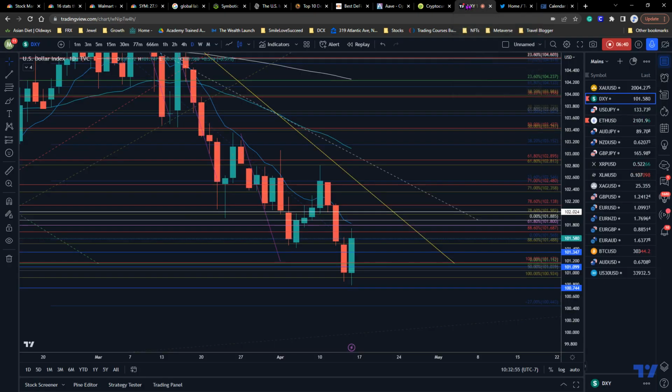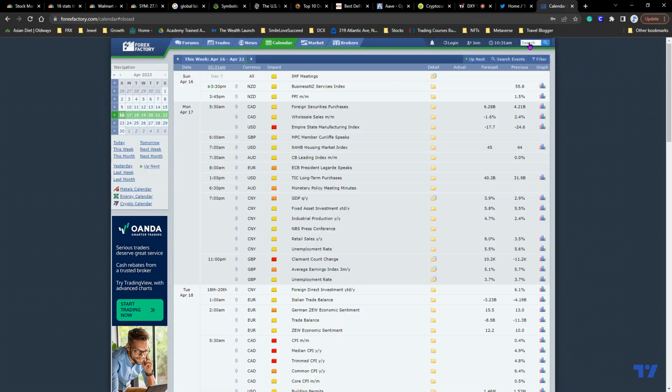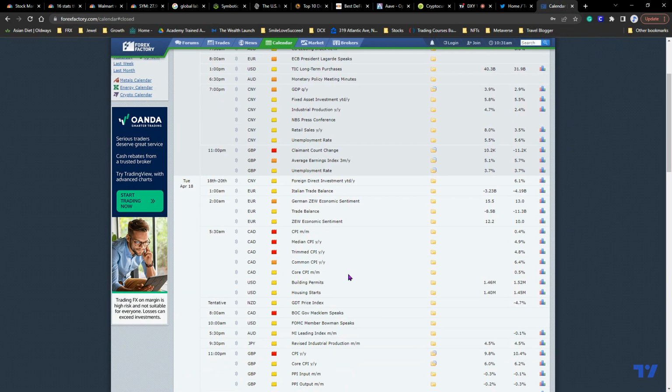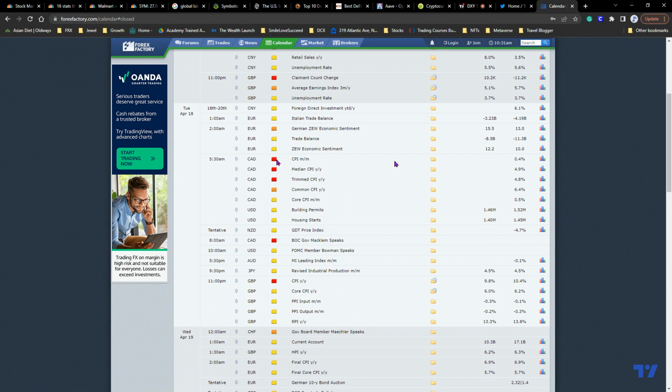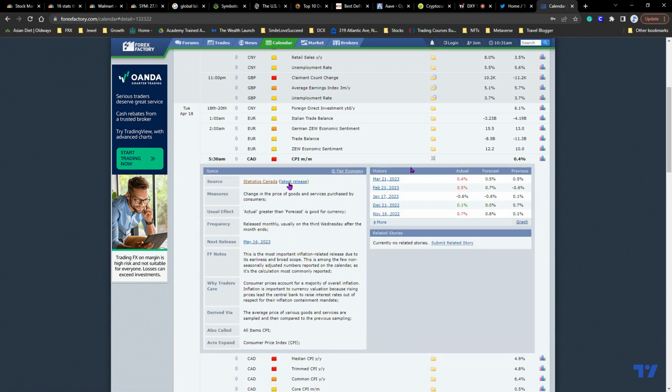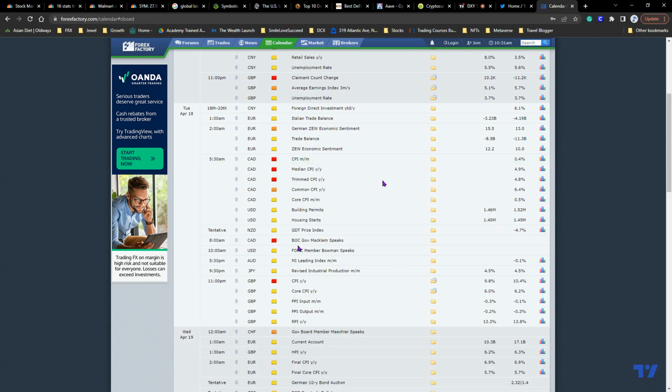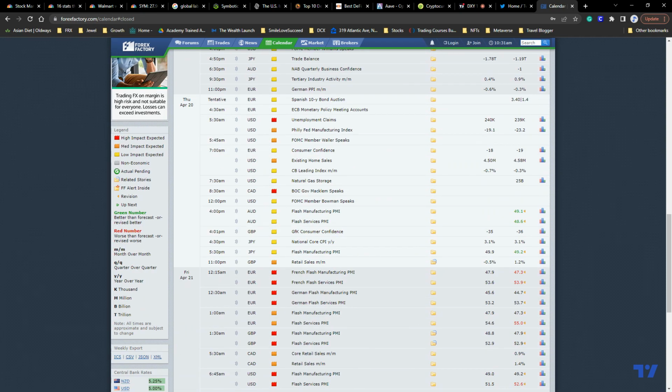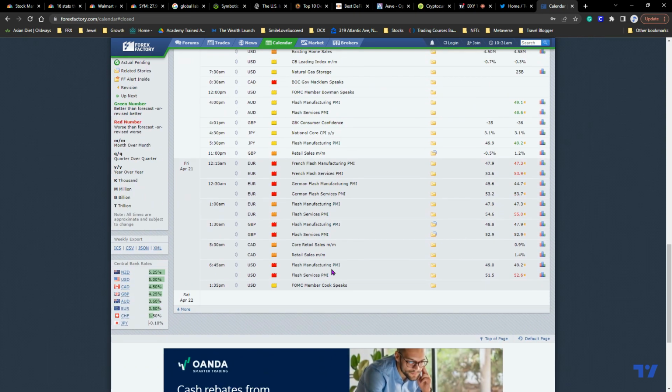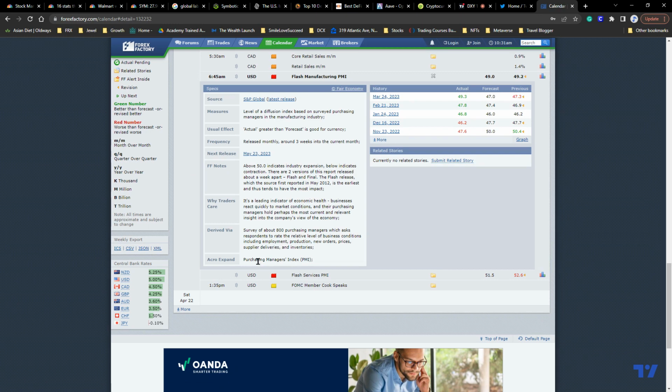So I like this. Actually, I'm going to go back. So Canadian CPI is coming out and they're going to talk about their level of inflation. So that'll be really important. Let's see, on Friday, we have our flash manufacturing, is it PMI?